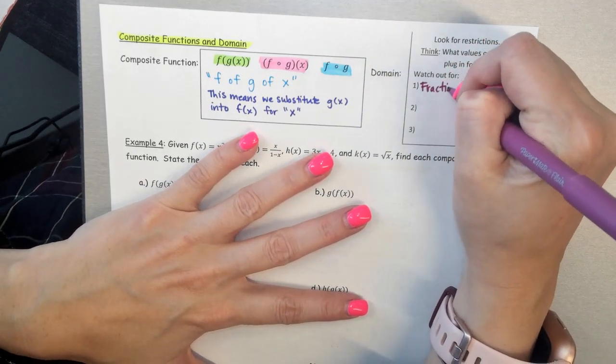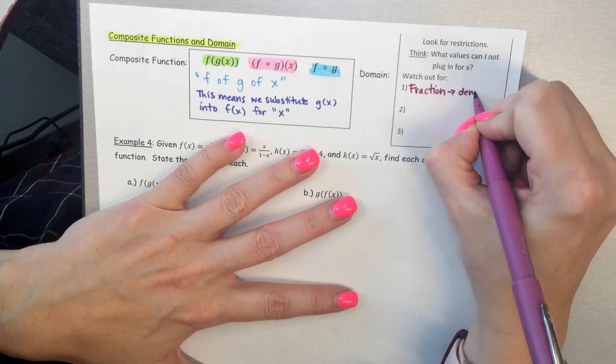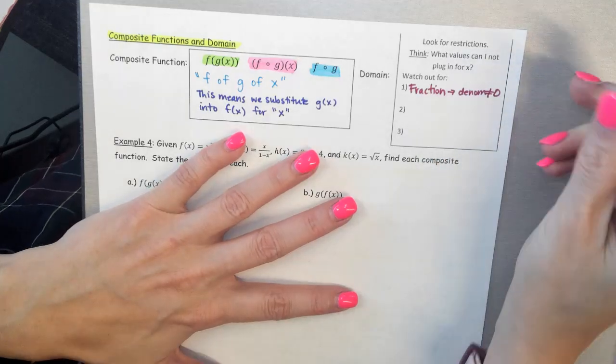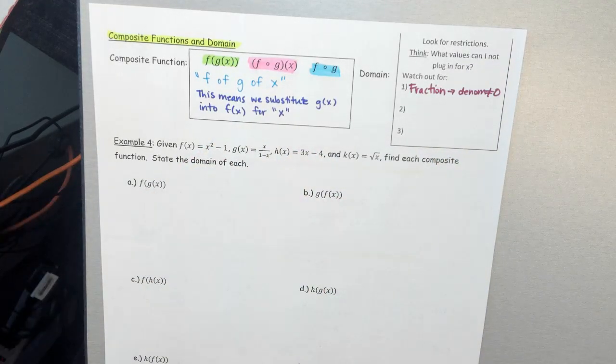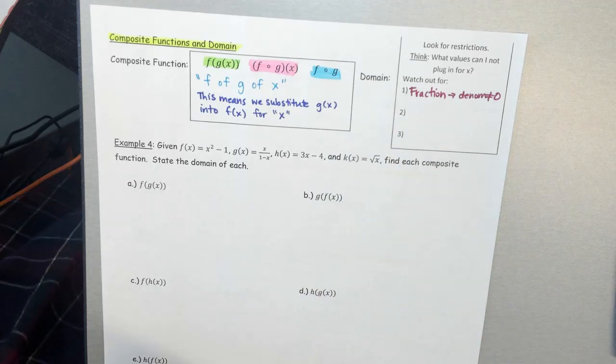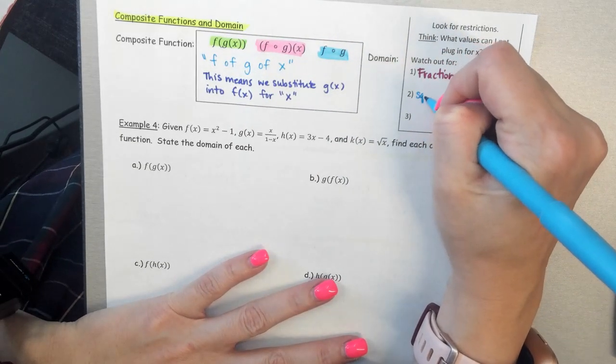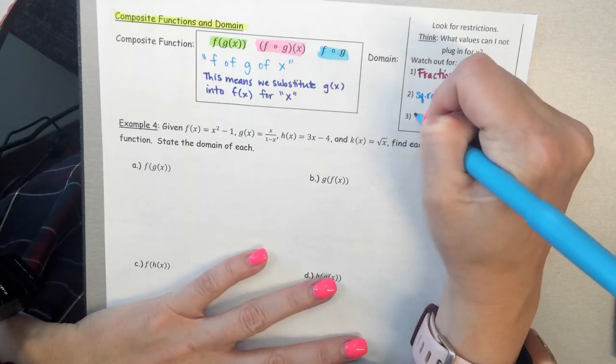Because if you have a fraction, the denominator can't be 0. Okay, and so when I first did this, I just said like square roots, but it's really any even root. We're really going to just look at the square roots.